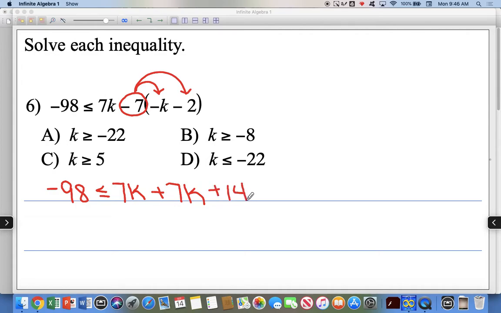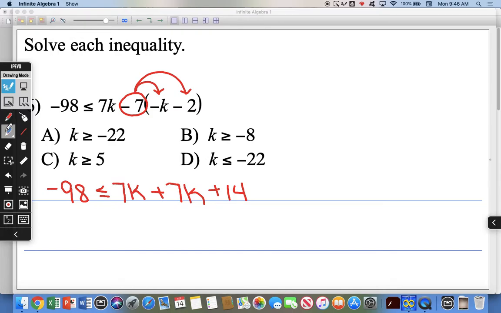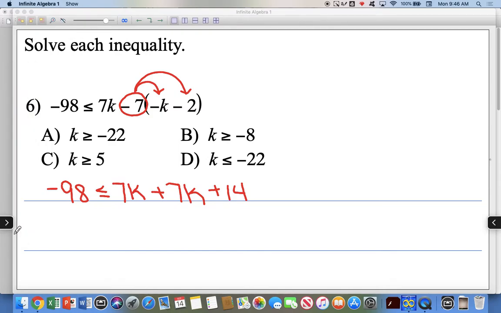Now, do I have anything I can combine over on that right-hand side? So do we see any like terms? All right, the two 7k's. We put those together, that'd be 14k plus 14. Now, if you want to get the k by itself, what are you going to do first?